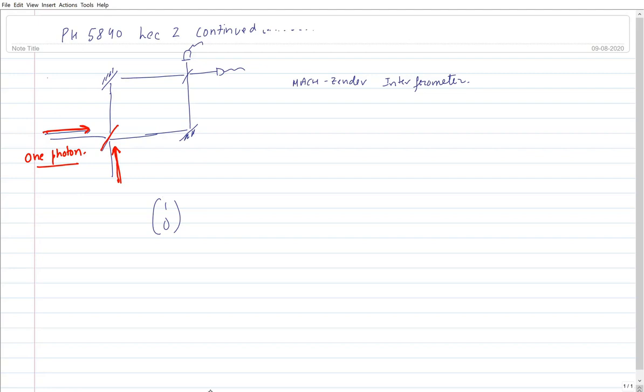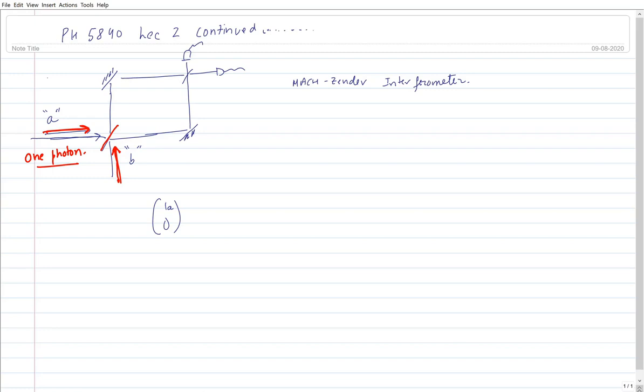Let me call this path the photon might take A, and I'll call this B. So these are two orthogonal paths in some sense the photon can take.